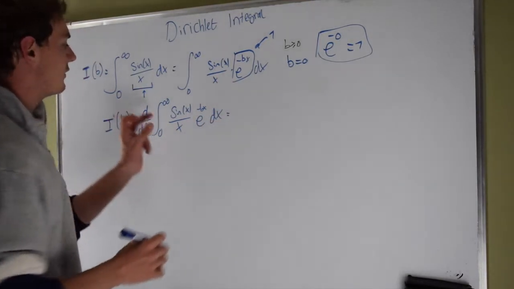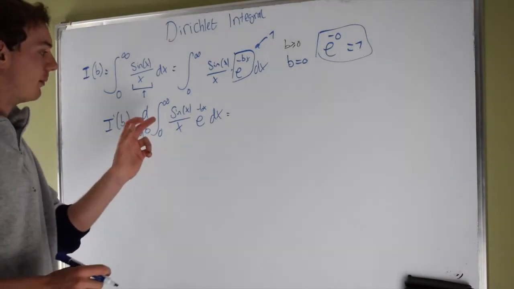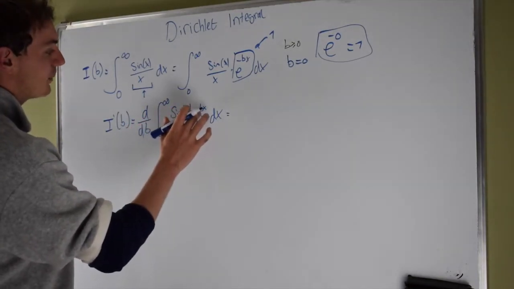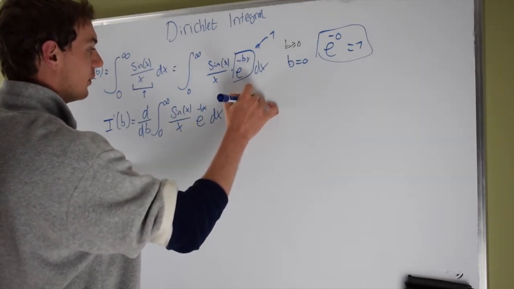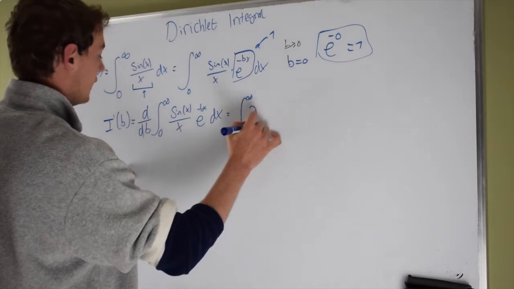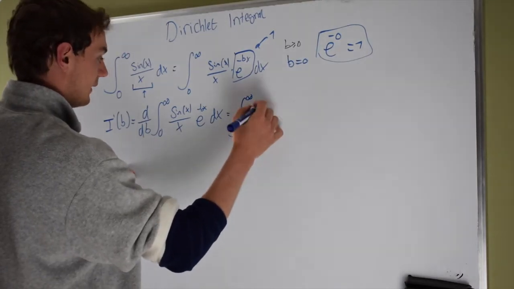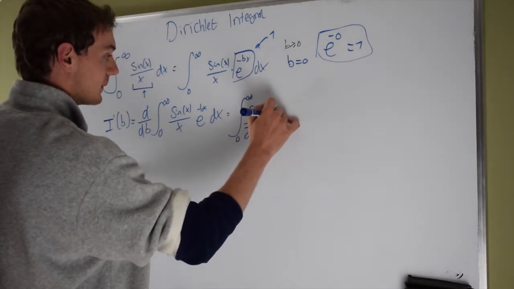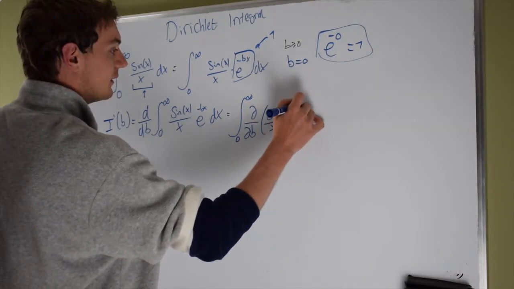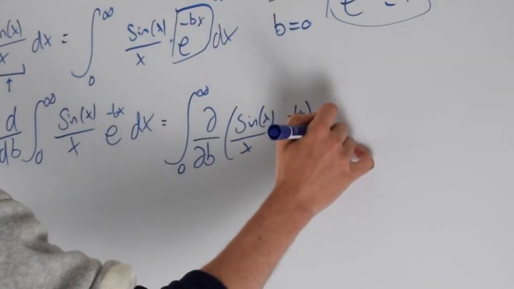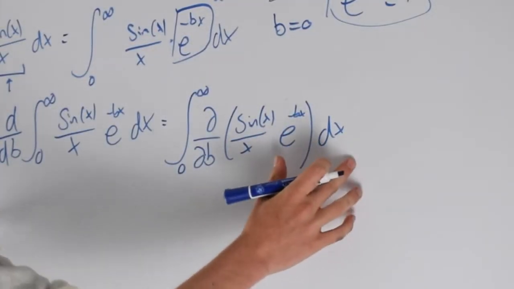Now when it goes to the right of the integral, it's no longer a single derivative, it's partial, because you've got factors of x and b. So we do the integral from 0 to infinity of the partial derivative with respect to b of sine x over x times e to the minus bx, with respect to dx, that stays there.